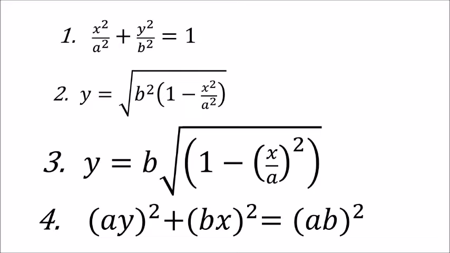And I'm going to show you that in equation number 3. Notice that in equation number 3, the b squared is out of the radical, so it already has been operated upon, and that's one operation taken out of the calculation. And you notice also that you do not have to square x or a.